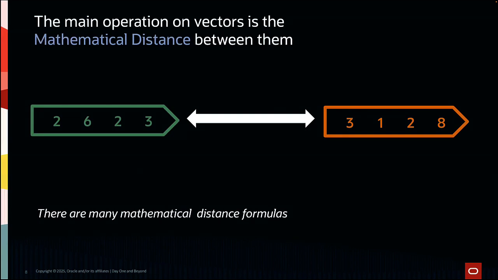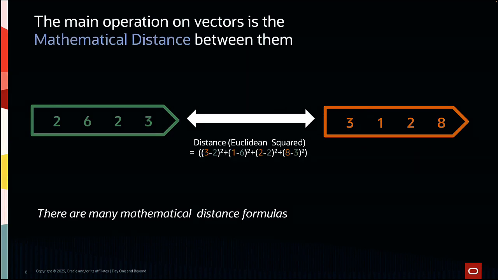Now, once we've created this vector, this embedding for this digital object or this file, we have this mathematical sequence of numbers, if you wish, which we can now perform distance metrics with. In this simple example, we're using an out-of-the-box distance metric that Oracle supports called Euclidean squared, where we're subtracting the first vector from the other vector, the one on the right.